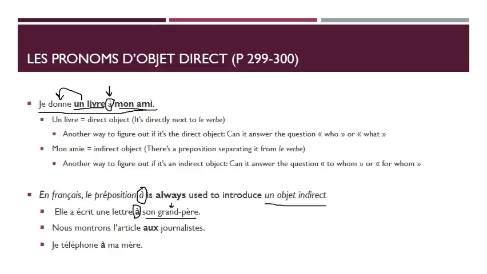All right. So, nous montrons l'article au journaliste. So we read, montrons. Yeah, the article about the journalists, or by the journalists. Notice that we have à here. Now remember, à doesn't always stay à. Just a quick refresher. À la stays the same.